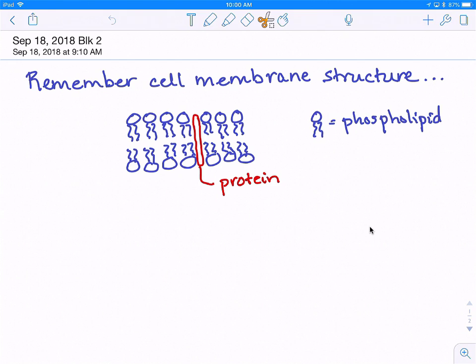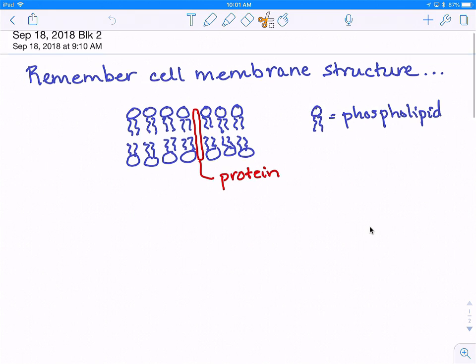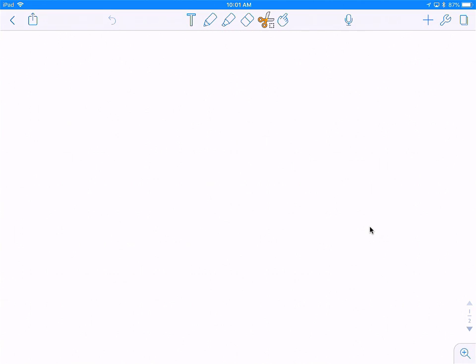All right. So here is a reminder of the cell membrane structure. We have the phospholipid bilayer with the proteins randomly in between. So as I said, we're going to take a look at 3 scenarios. We're going to take our cell, and we'll start with an animal cell.